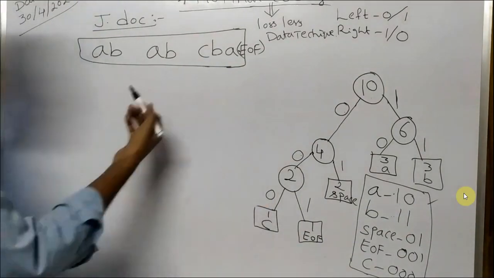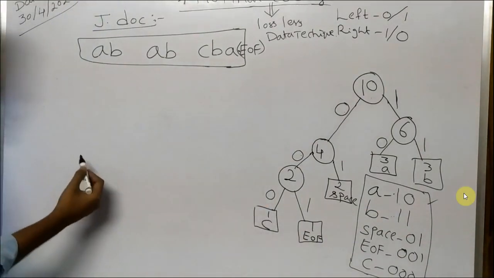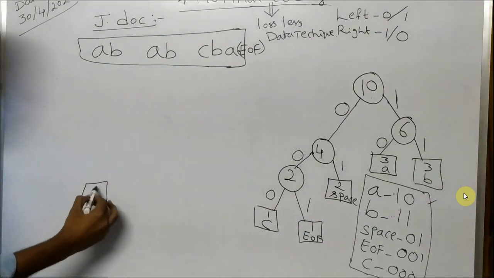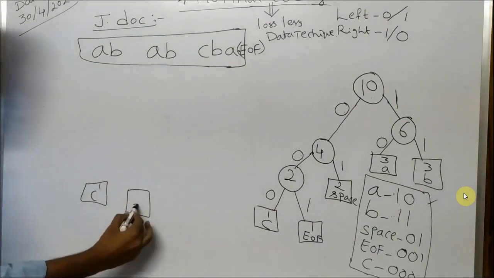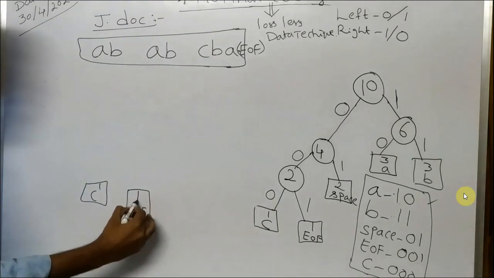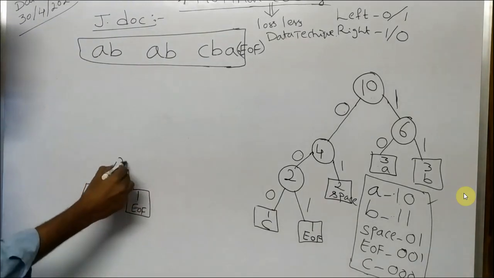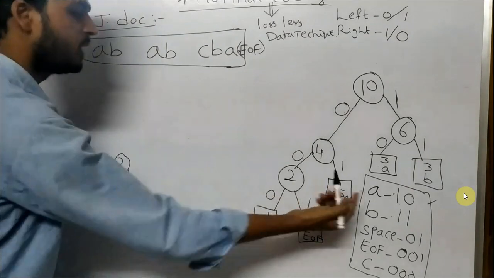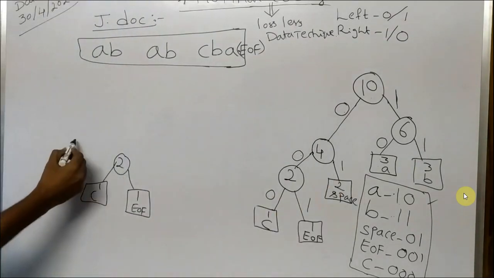You can construct this Huffman tree in a different format. I will follow the same thing. First, C 1 and end of file 1, its sum is 2. In the previous one, I took 2 on the right side. Now I will take the left side.